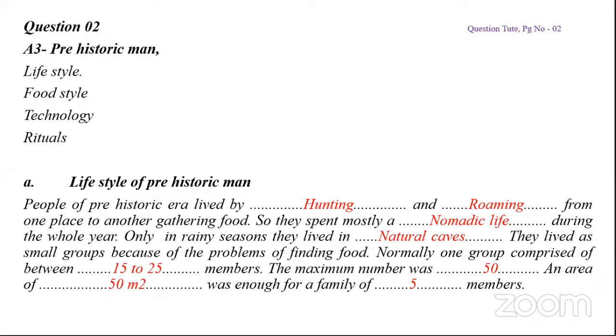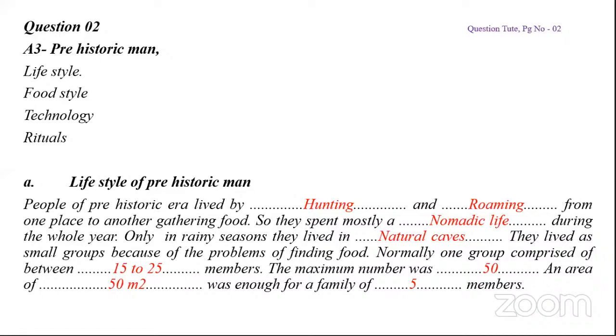So what is the paragraph then? People of the prehistoric era lived by hunting and roaming from one place to another gathering food. Using the information in the short note, we have made a paragraph. So they spent mostly a nomadic life, that means roaming life. They were not staying in one place permanently.